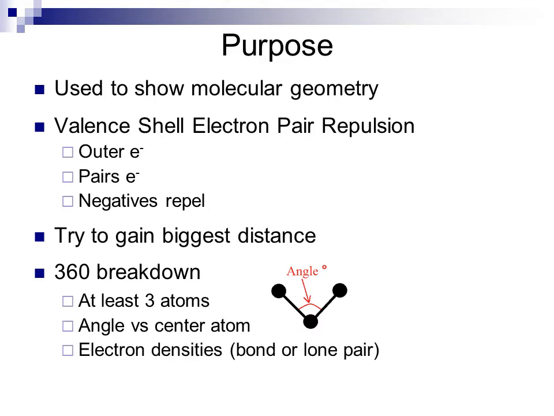The electron densities that we consider are always pairs. They're either bonding pairs or lone pairs. And it doesn't matter whether the bonding pairs are double bonds, single bonds, or triple bonds. If I have 2 atoms connected together by a bonding pair, I consider them to be equivalent whether it is single, double, or triple.